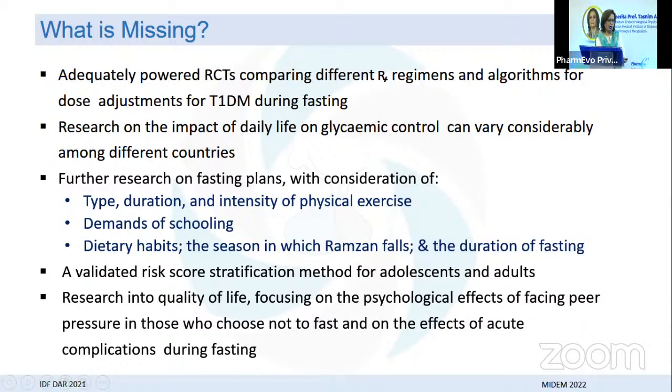And a validated risk score stratification method for adolescents and adults, again for type 1 diabetes, is still not quite there. Research into the quality of life, focusing on psychological effects of facing peer pressure in those who choose not to fast, and on the effects of acute complications during fasting.